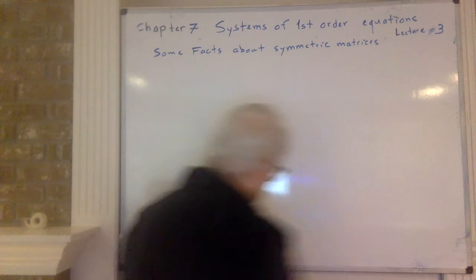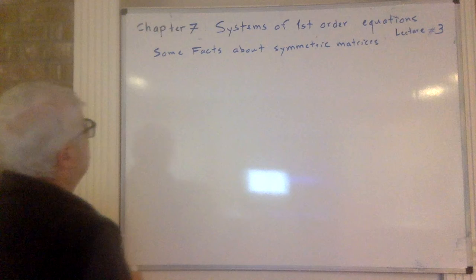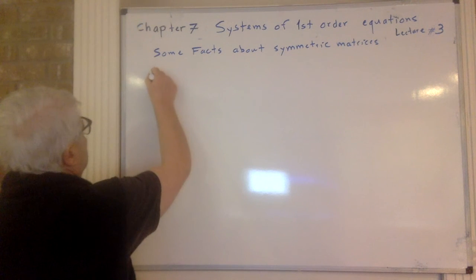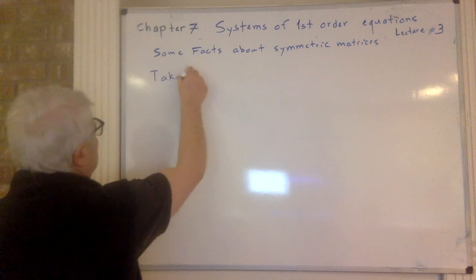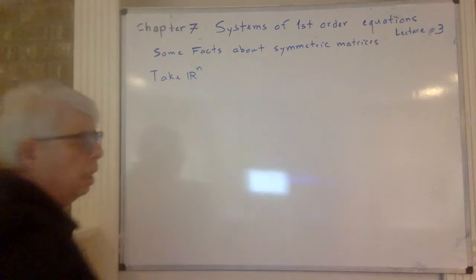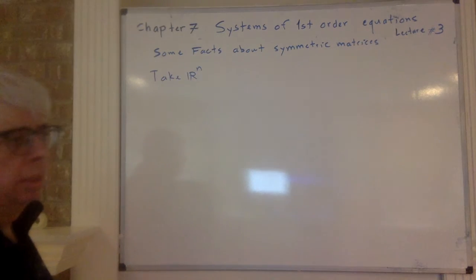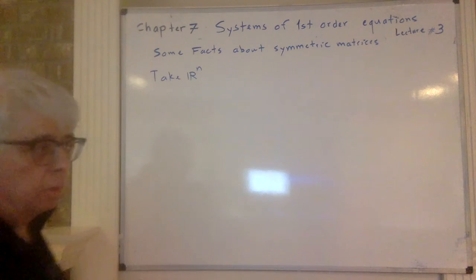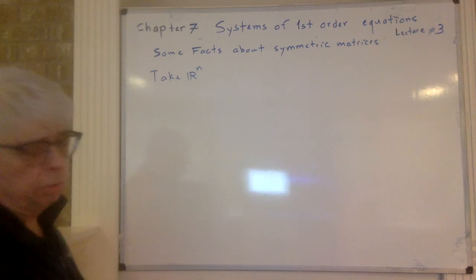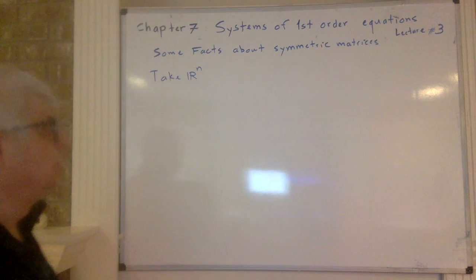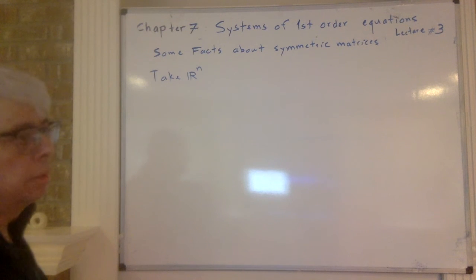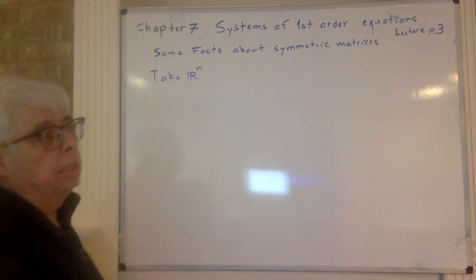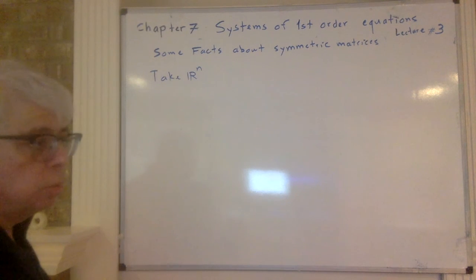What is an orthonormal basis? Suppose I just take Rn. If I have n vectors that are orthogonal to each other, well, a vector is not orthogonal to itself, okay? So orthogonal to each other, then if it is exactly n, that makes a basis for Rn.